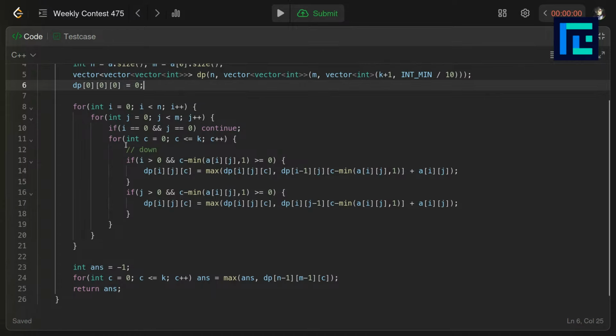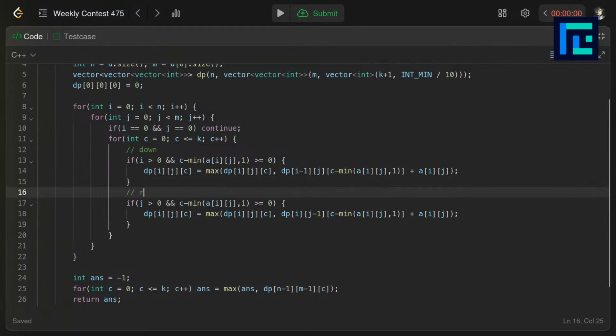Now, for every i and j, and we don't want to see 0, 0, and every cost, either I came from down or I came from right. Make sure that you're not going out of index. So that's why this condition is there.